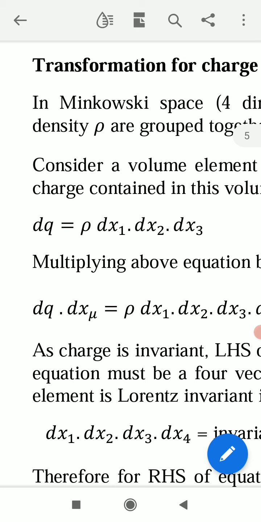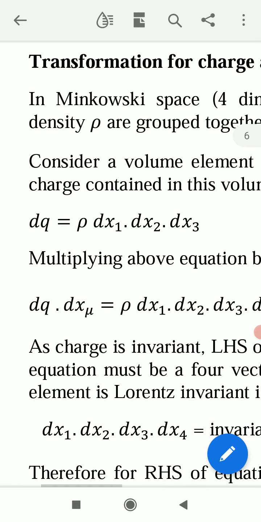This is the definition of charge density rho. Charge density rho is charge per unit volume. So charge dq in volume element dx1, dx2, dx3 is equal to charge density rho multiplied by this volume element dx1, dx2, dx3.